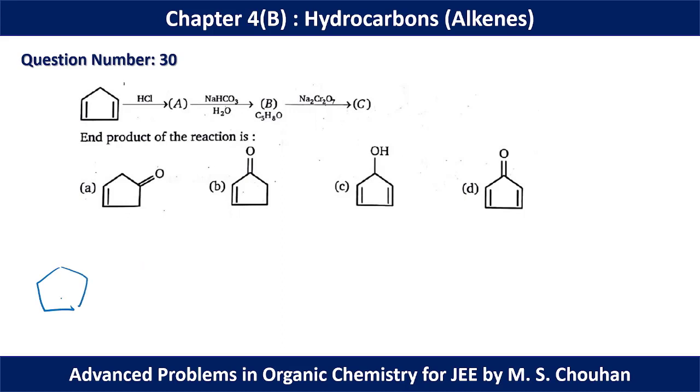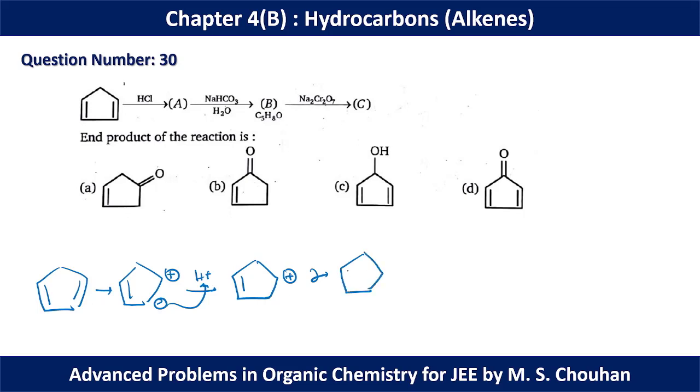So basically we can dissociate this pi bond like this, plus minus, and this minus can react with H plus to form this kind of intermediate. Okay. Now this positive can rearrange itself to produce a more stable carbocation, and finally Cl minus is added. So this is our structure A.